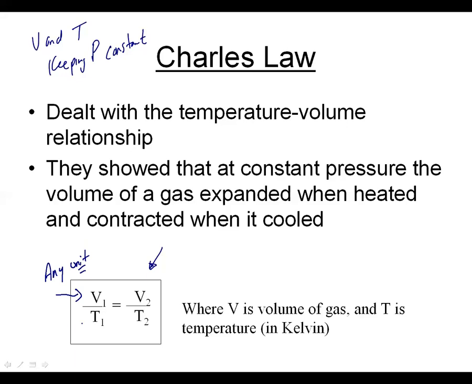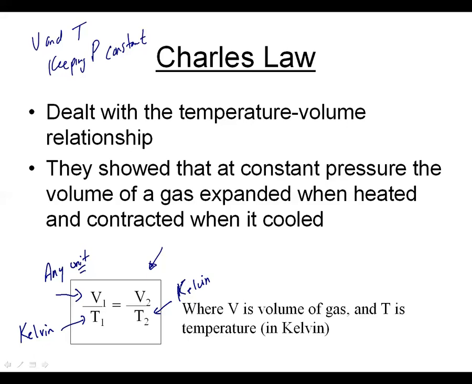Now T1 and T2, and pretty much temperature in any gas law that you have, does need to be in Kelvin. So it's a pretty safe bet that if you're using a gas law and you've got a temperature in there, it does need to be in Kelvin.